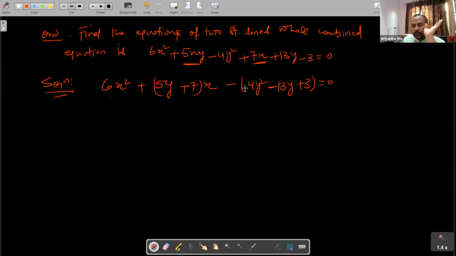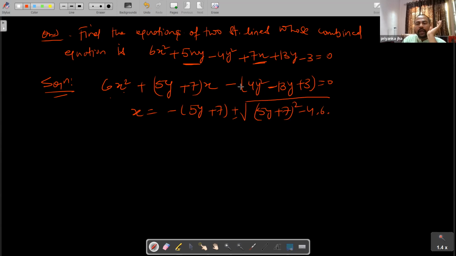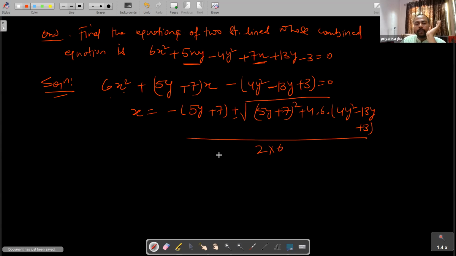You can make a quadratic in y also, right? Now you just have to find the root like you find in a quadratic equation: minus b plus minus under root b squared minus 4ac upon 2a. So x is minus b, that is minus (5y plus 7), plus minus under root (5y plus 7) whole square minus 4a, and c is minus, so it will become plus 4y square minus 13y plus 3 upon 2a.